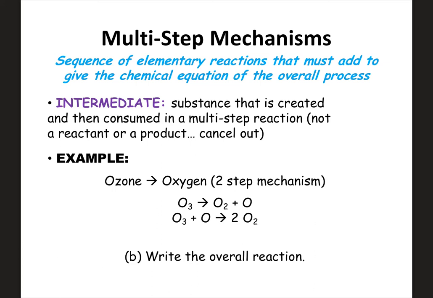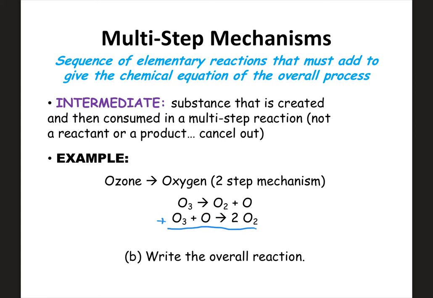Essentially what you're doing is just adding up and canceling out your elementary steps. Any substances that are the same on opposite sides of the arrows in different steps would cancel out. For example here, do you see how we have O, just O, on the right side of the first elementary step, but then on the left side of the arrow in the second elementary step, we have O as well?